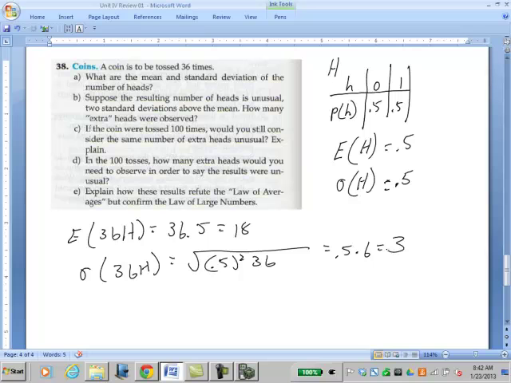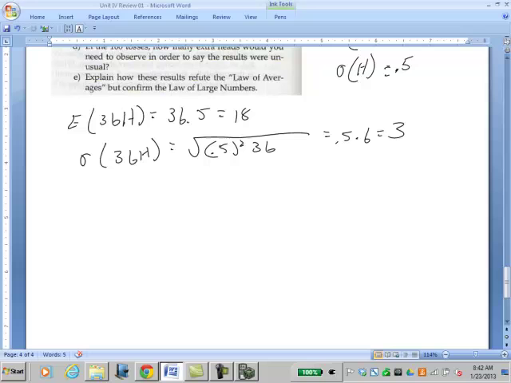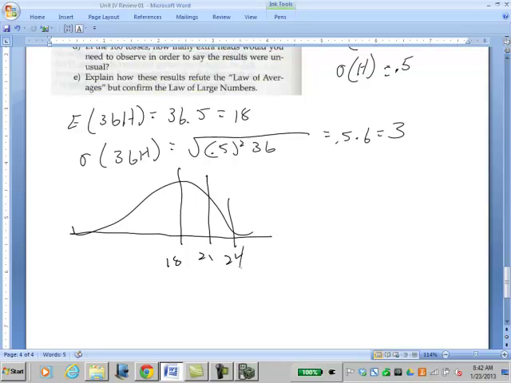So the standard deviation is going to be 3. If we consider two standard deviations to be unusual, here's 18, here's one standard deviation, 21, and so 24. So if I get 24 heads or more, that's unusual if I'm tossing it 36 times, if I consider two standard deviations to be unusually high.